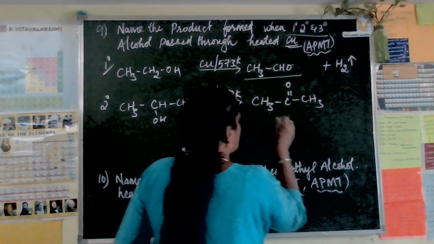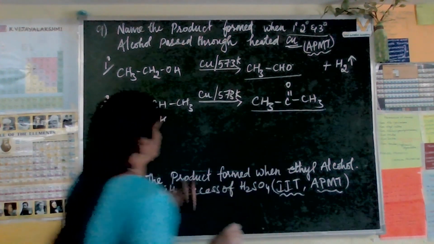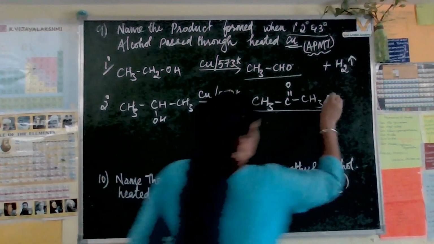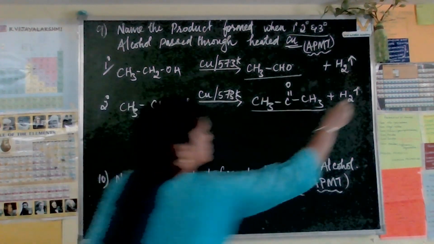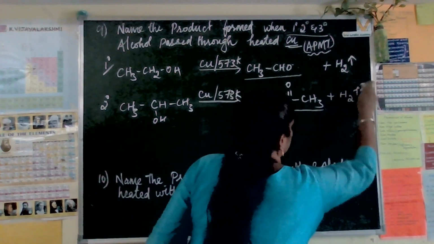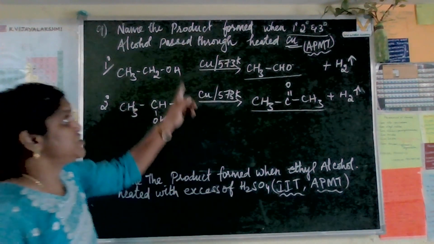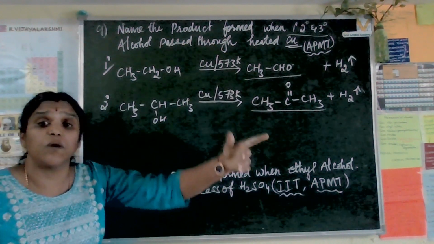This is aldehyde formation, and this is ketone formation. And again hydrogen will be removed. Dehydrogenation means removal of hydrogen.